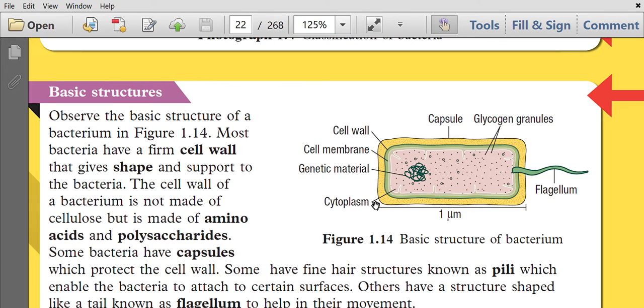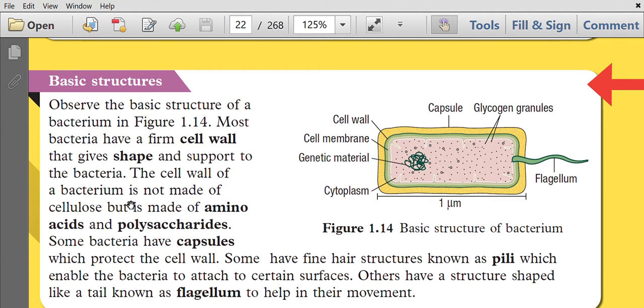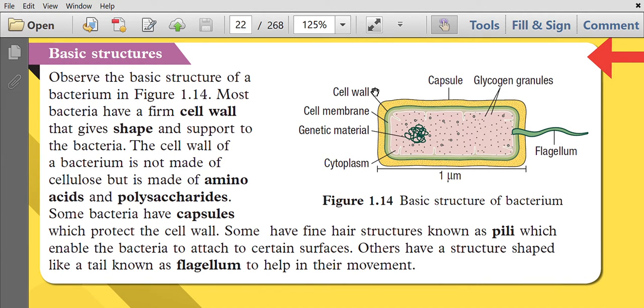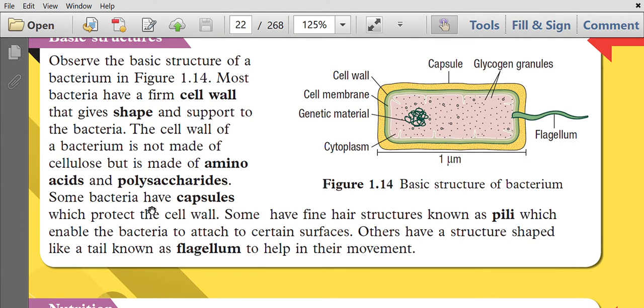Firm means keras lah, ya, keras. The cell wall of a bacterium is not made of cellulose but is made of amino acid and polysaccharides. This is the cell wall, the yellow color.